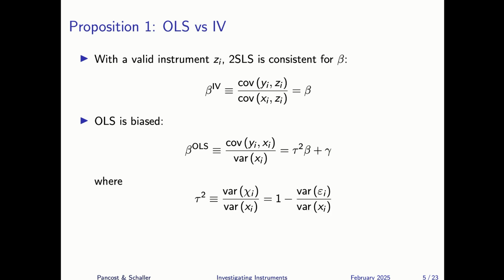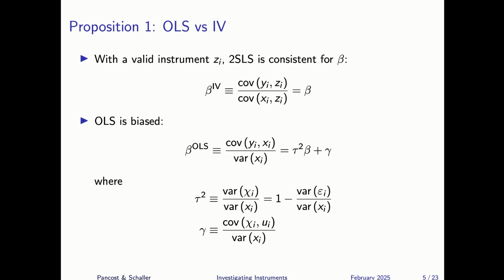What's tau squared? Tau squared is the variance of the truth divided by the variance of what you observe. We call it tau squared because if you could observe the true chi and you regressed x on that true chi, tau squared is the r squared from that regression. And then gamma is the omitted variable bias. It's the covariance between chi and u.